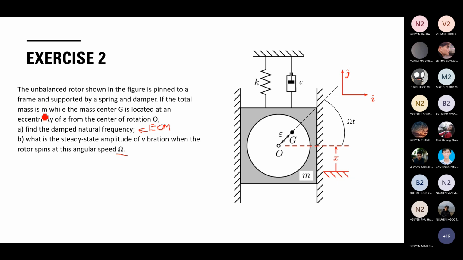If the total mass is m, remember the total mass is m, it also includes the mass of the eccentric part, okay? While the mass center G is located at an eccentricity of epsilon from the center of rotation O. Okay, please give me the answer for this exercise.